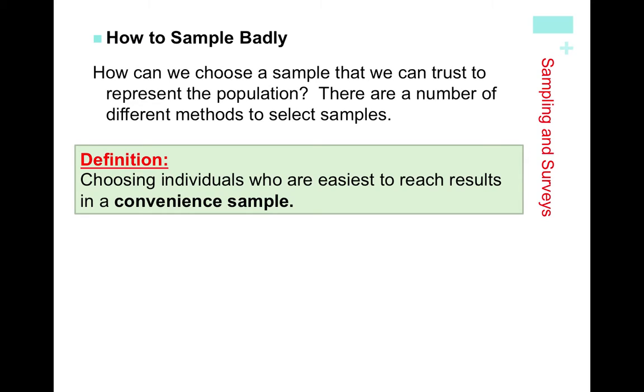So with the homework problem, it's not accurately representing the homework habits of all students, okay? Those students in the library are likely to spend more time on their studies. So this would lead to a bias, okay? So using a method that favors some outcomes over others.